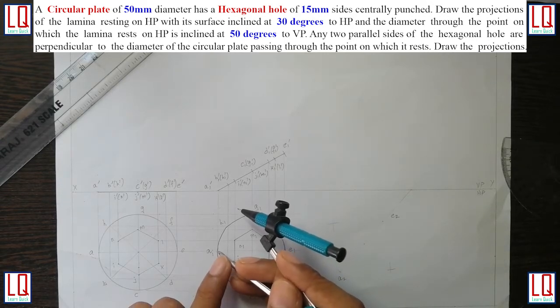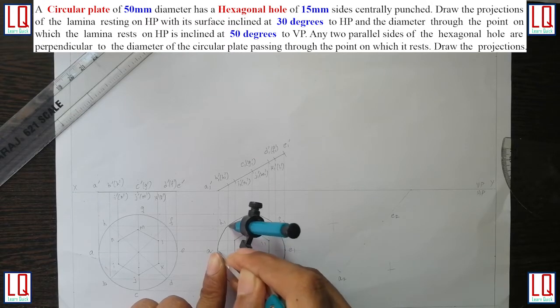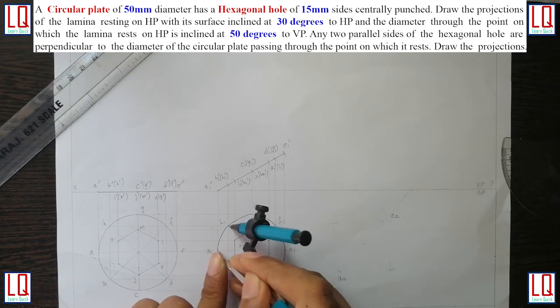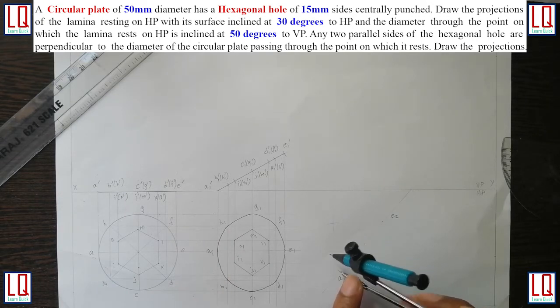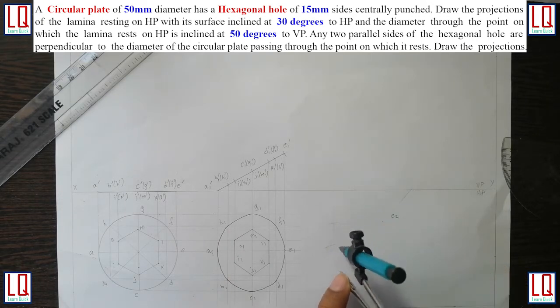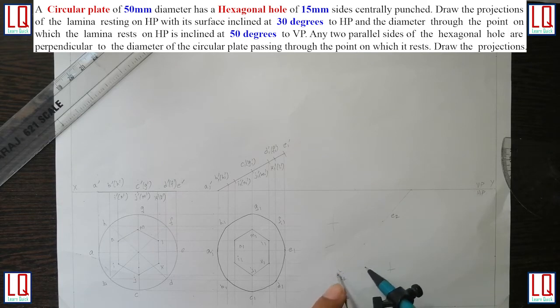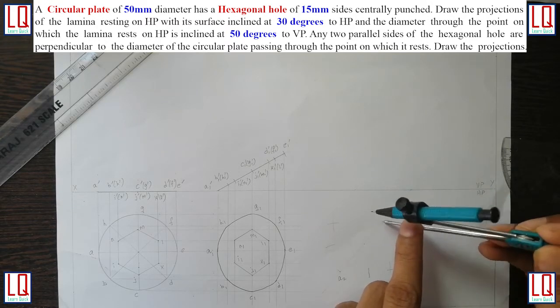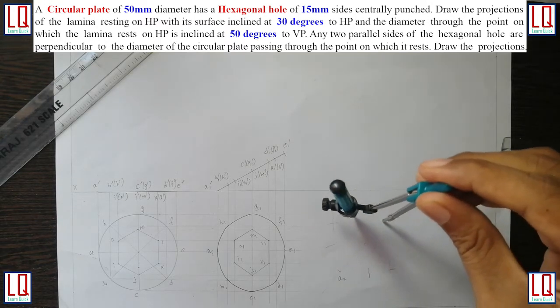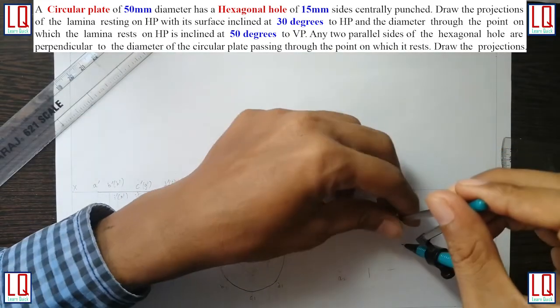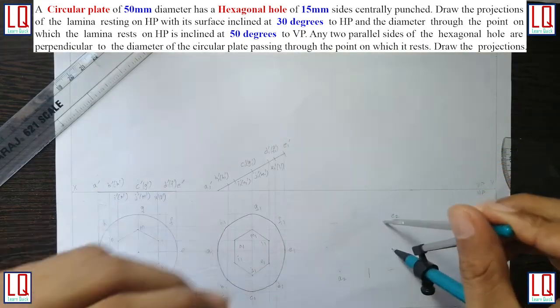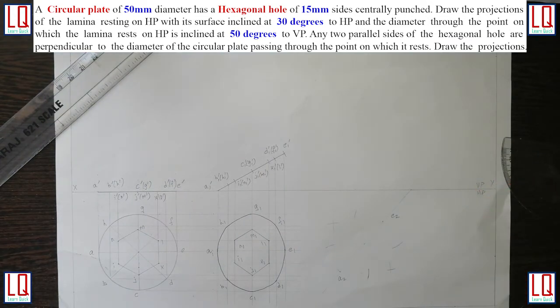Similarly, I measure A1 to H1 and mark here A1 to B1, E2 to F2 and then E2 to D2.